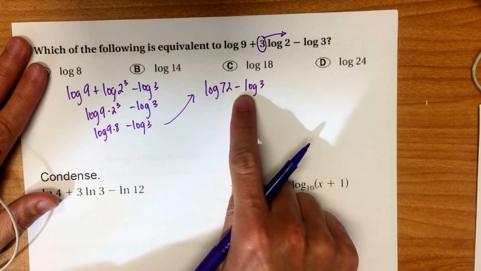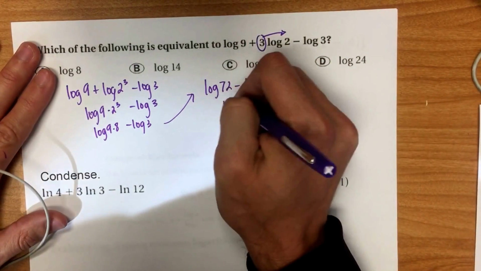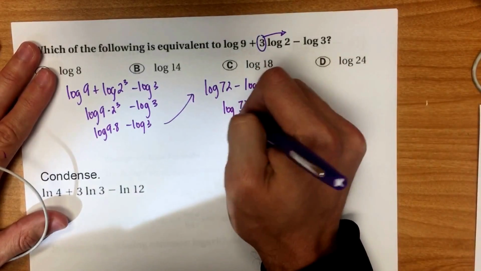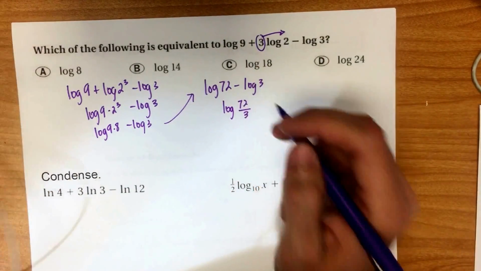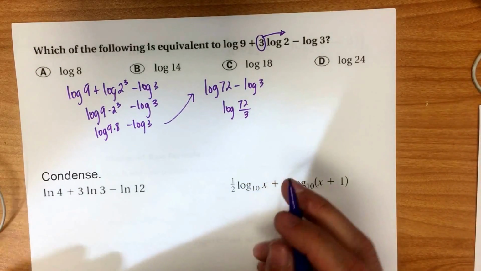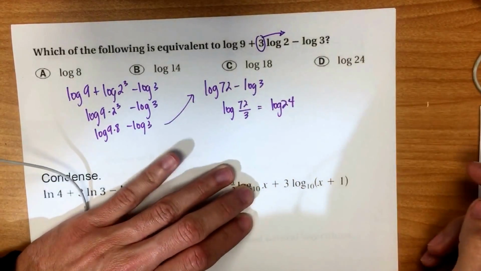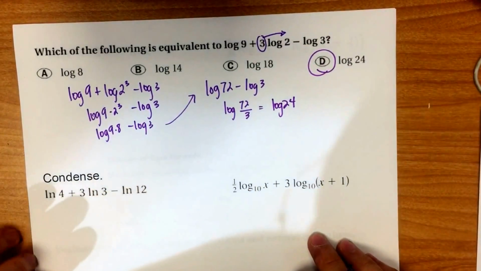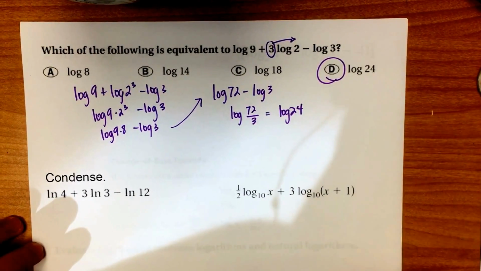Now to put these together, since they're subtracted, I'm now going to divide. So that's going to be log of 72 in the numerator and 3 in the denominator. And when I divide those, 72 divided by 3 gives you 24. So this gives you log of 24, which is your letter choice D. So same steps as expanding, just in the reverse order.